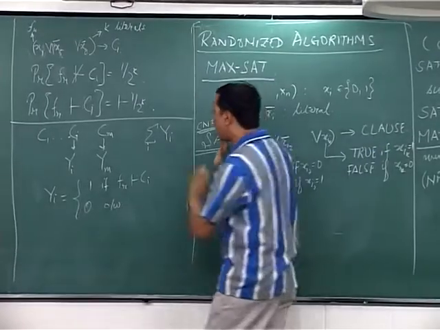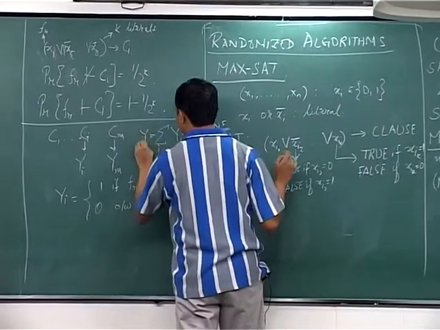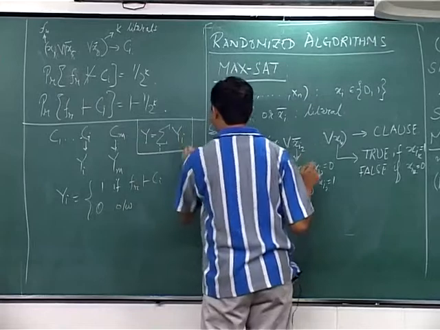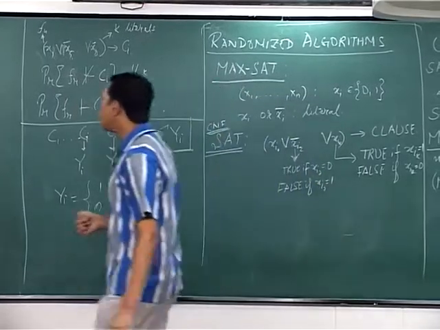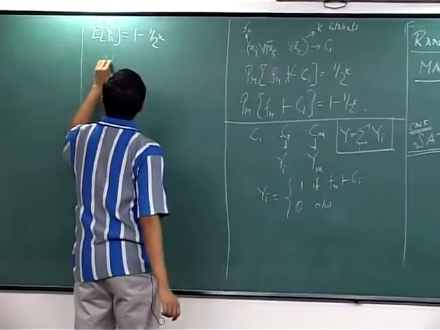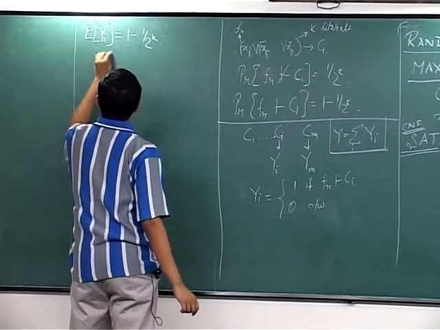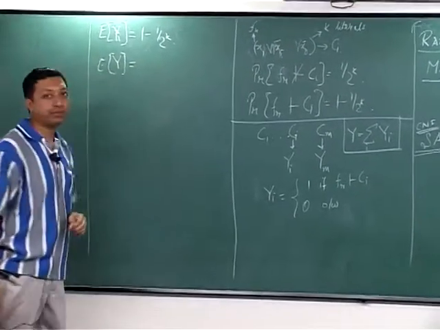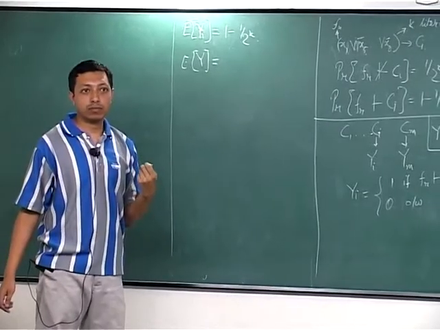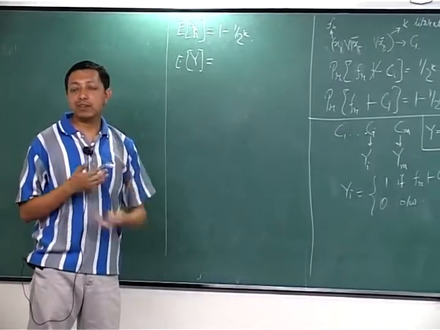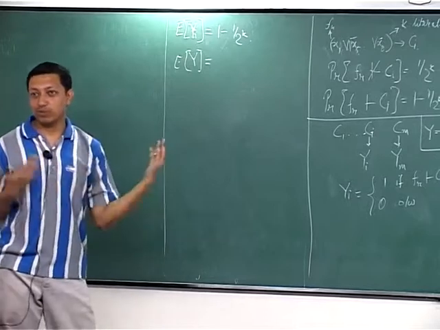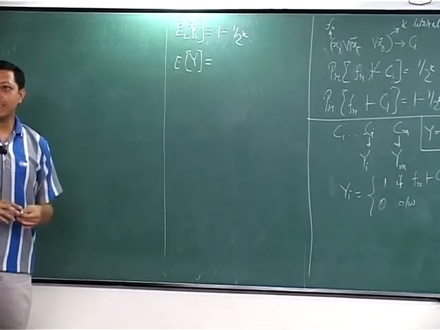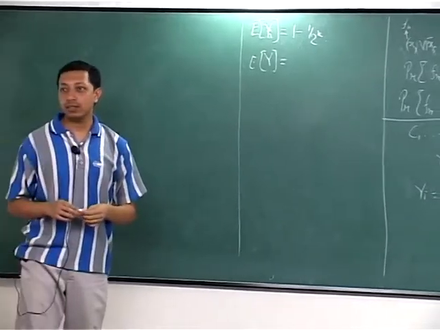We are counting the number of clauses that get satisfied. So what is the expectation of y? This is where you use linearity of expectation. All the hints are there now.